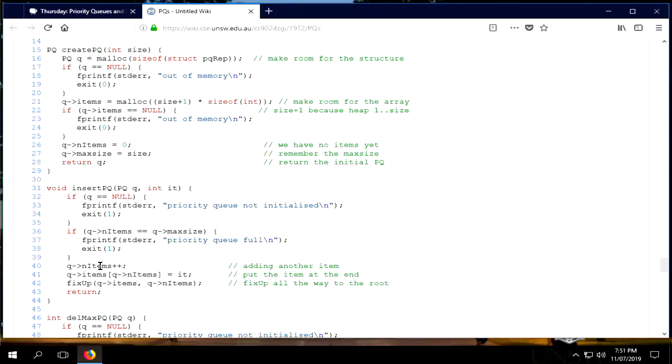I explained to you a number of times how you just add a new element and you heapify, fix up, so that you check with your parents to make sure that you are not bigger than any parent or grandparent, etc. So we add the element, we increase the number of elements by 1 because we've got a new element, we stick it on the array and we do a heapify or a fix up and we're finished. It was that easy. My goodness gracious, it sounded like it was going to be hard, but the heap actually is quite a simple thing.